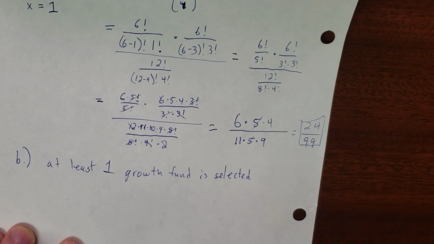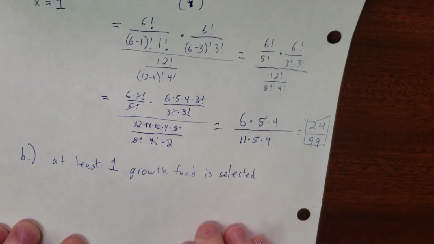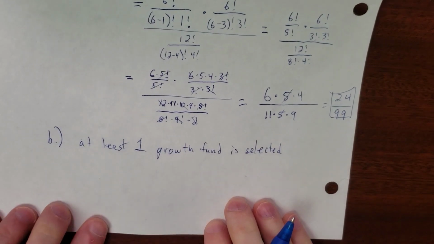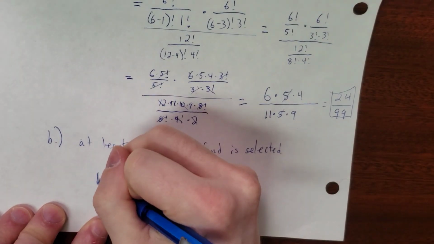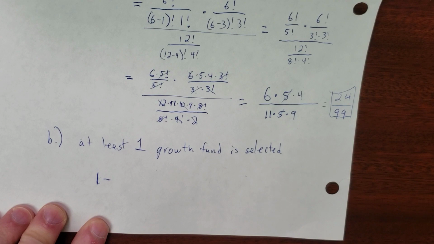Well, this should be 1 minus selecting 0 growth funds, right? If we select 0 growth funds, the complement of that is selecting 1 growth fund, 2 growth funds, 3 growth funds, or all 4 are growth funds.